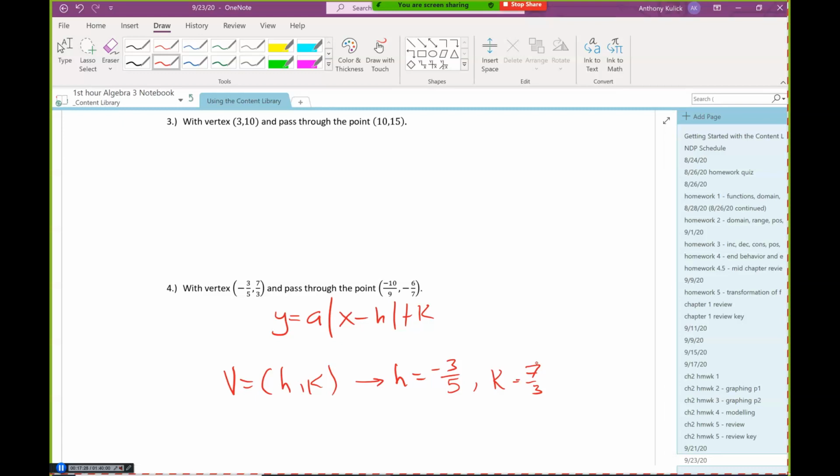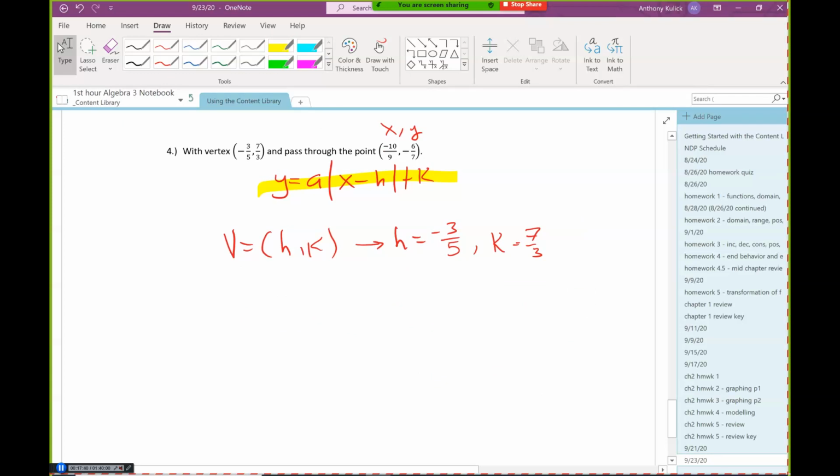Okay. This other point I can treat as an X and a Y. So if I plug in the H and the K and the X and the Y into this equation, I can then solve for A. So that's what I'm going to do right now.